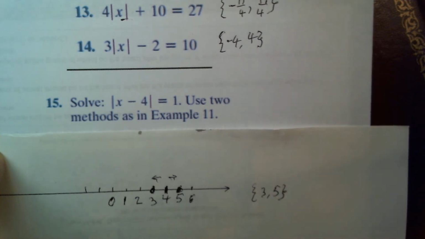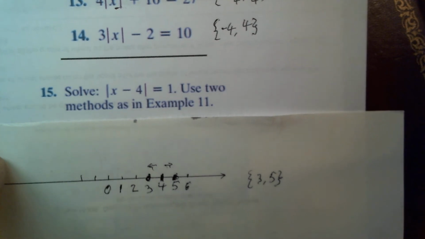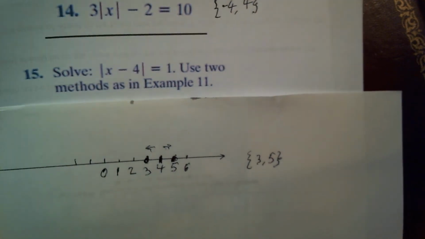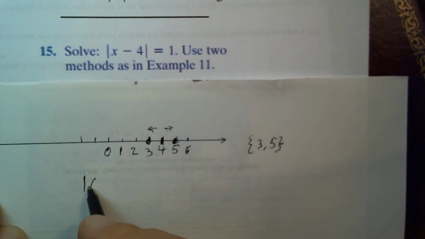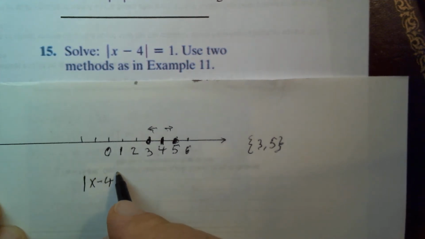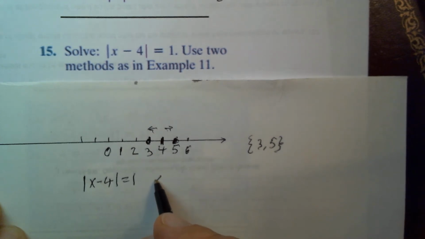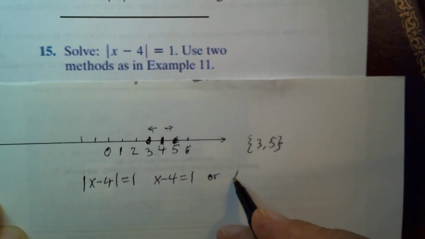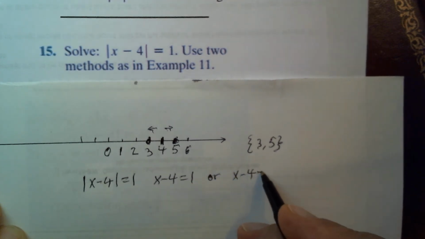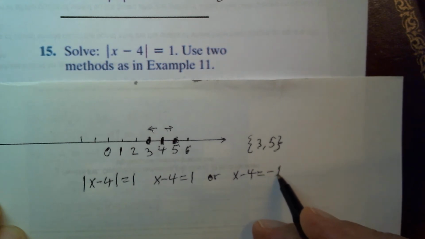Okay, so that's one of the ways to do it. The other way to do it is to say, okay, we have the absolute value of x minus 4 equals 1, which means that x minus 4 is either equal to 1 or x minus 4 is equal to minus 1.